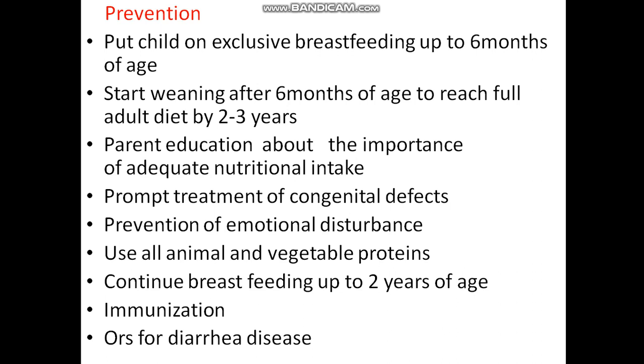Marasmus: definition, etiology, causes, pathophysiology, diagnosis. Then kwashiorkor: definition, grading, etiology, clinical manifestations.